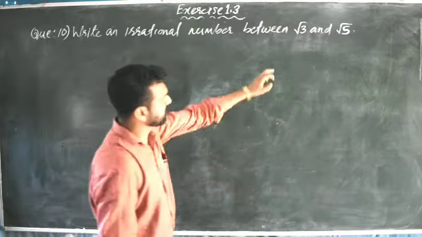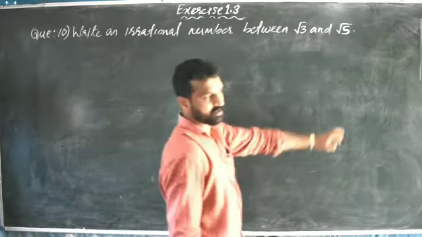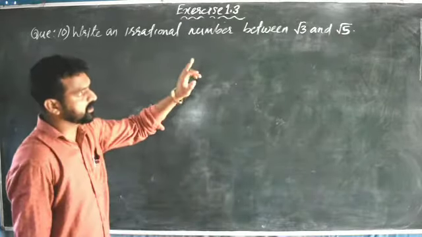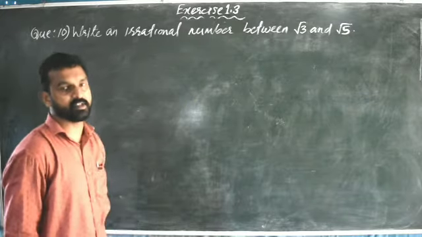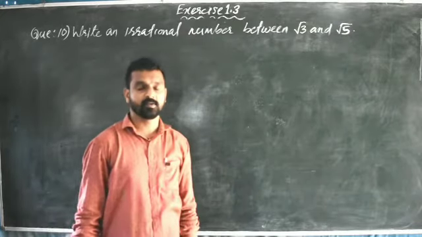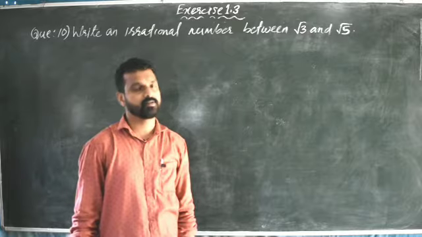Root 3 is an irrational number, and root 5 is also an irrational number. To get an irrational number between two irrational numbers, we have to multiply the two irrational numbers under a square root.